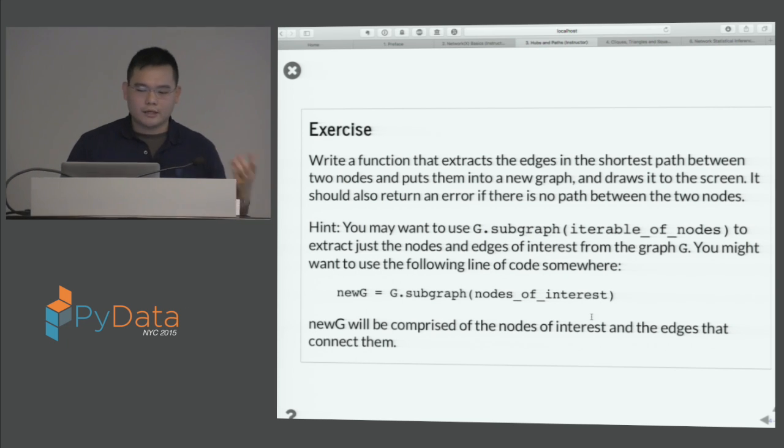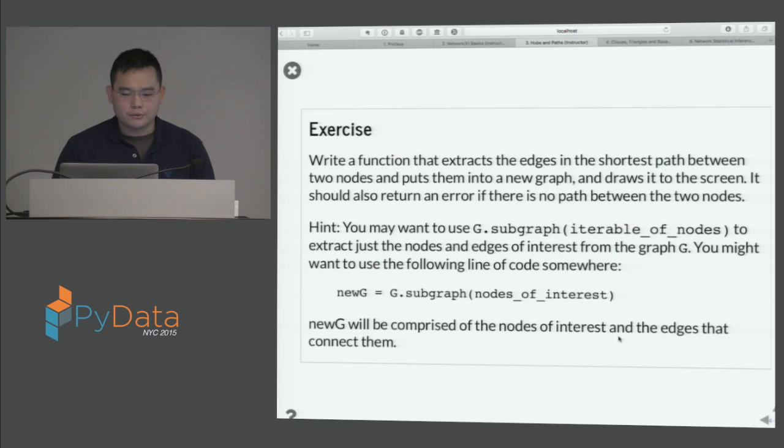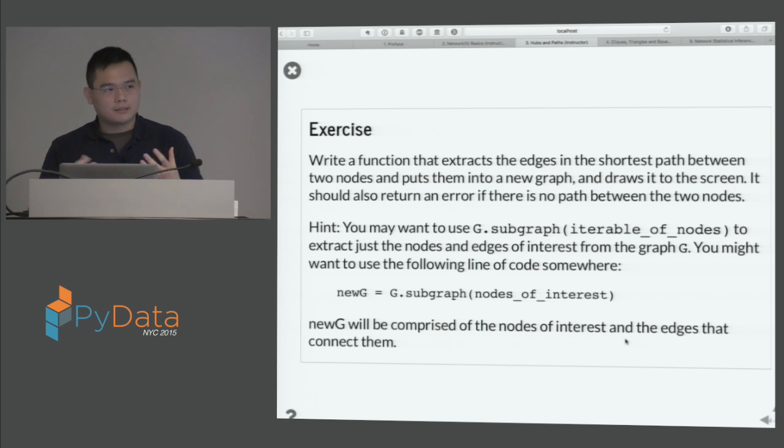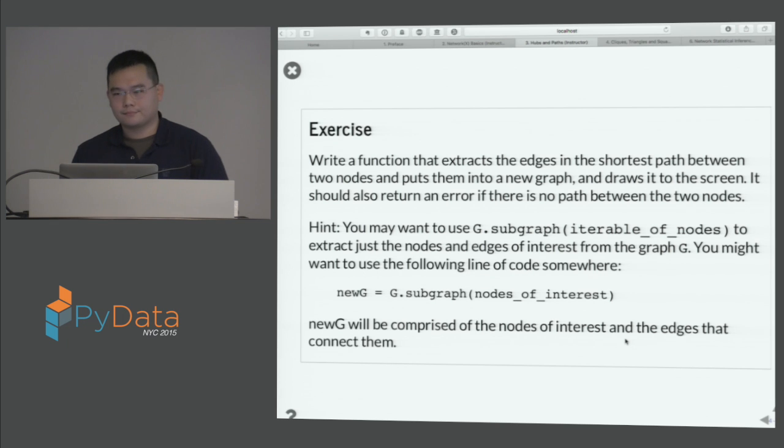Take 30 seconds to write a single line of code that extracts and returns this subgraph. When you're done, please, again, give a thumbs up.